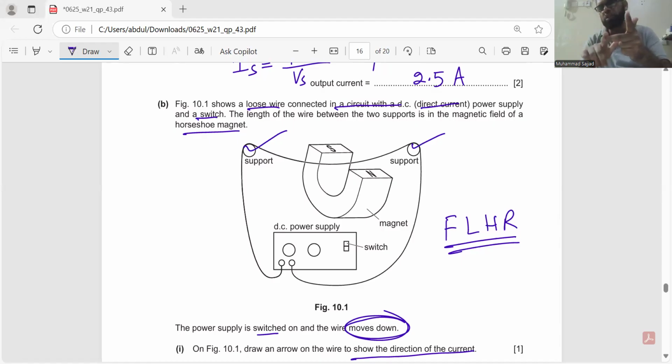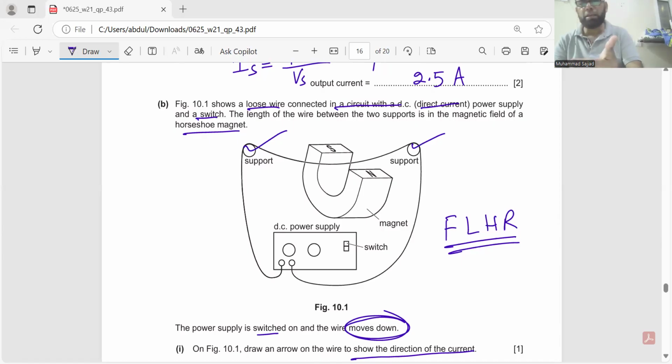The middle finger points towards the conventional current, and the thumb points towards the force, the direction of motion. I tell the students to memorize it: Father, Mother, Child. Force, Magnetic field, and Conventional current.